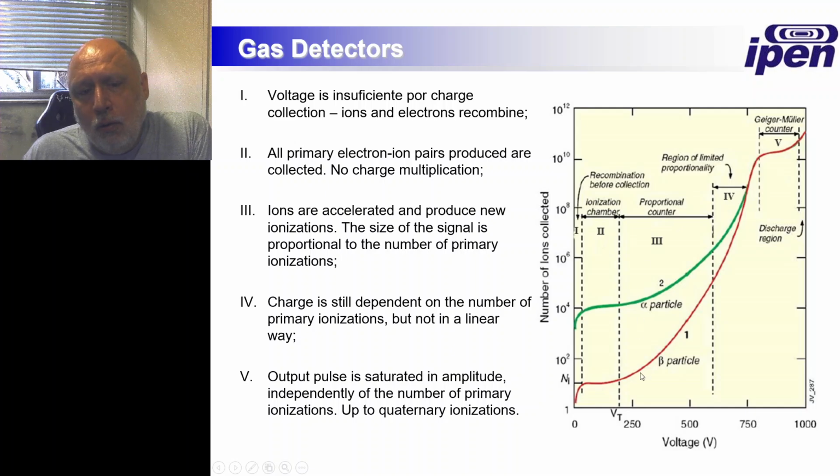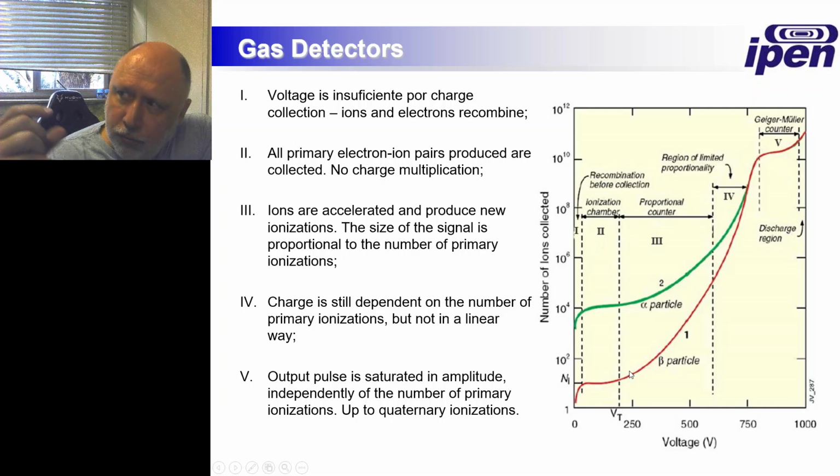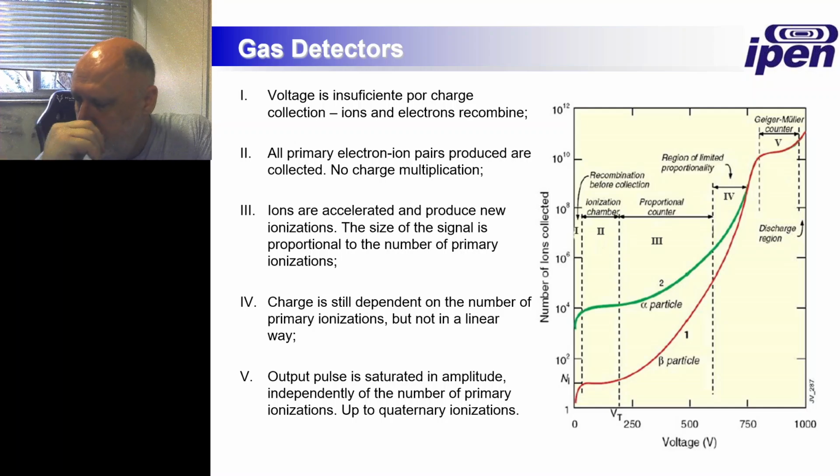Because now, in this region, the amount of charge you produce is still proportional to the charge that was deposited in the first place. So you do not lose information about the energy of the event.